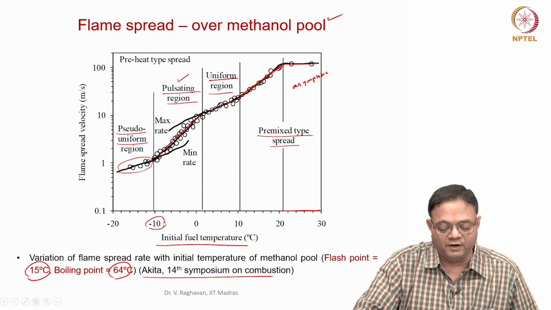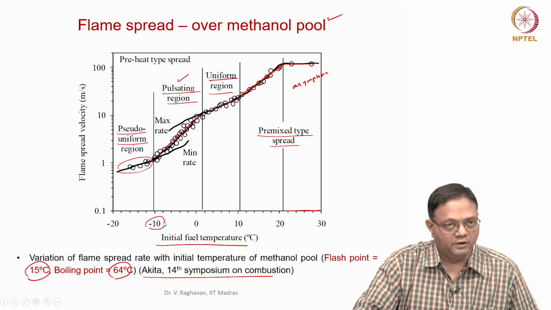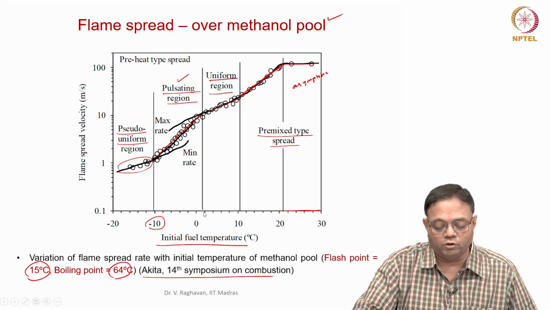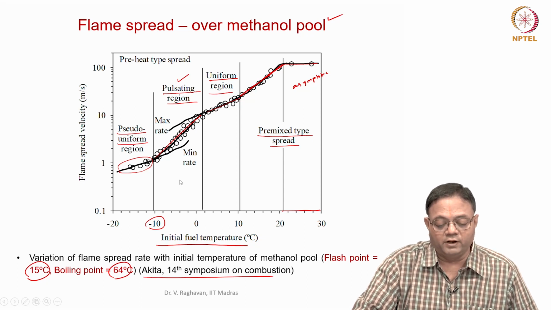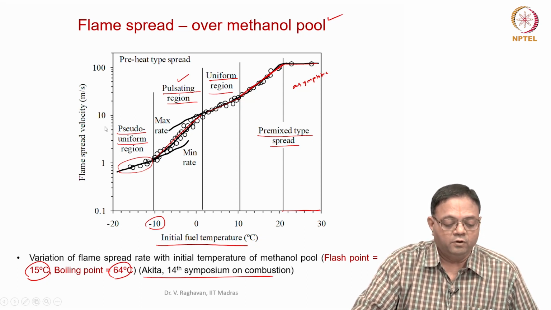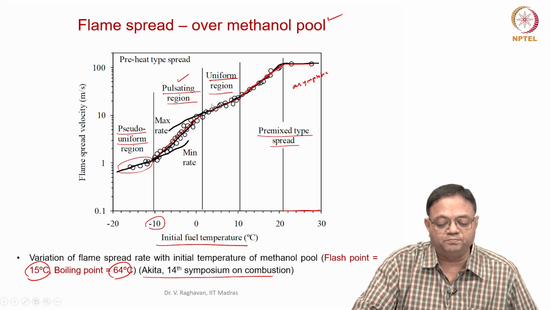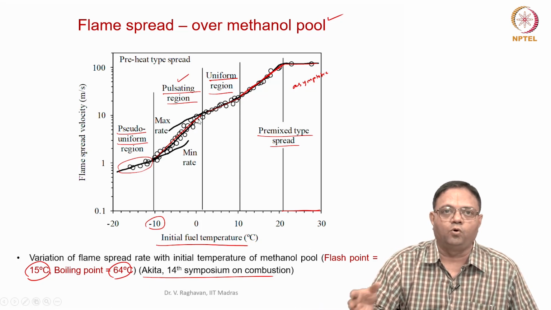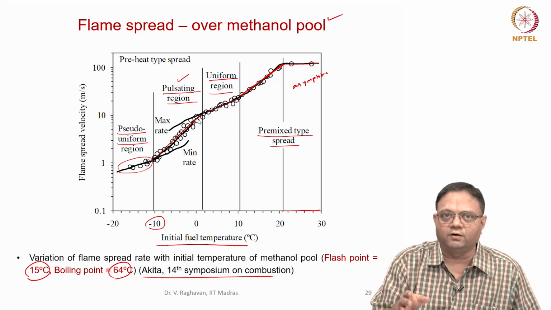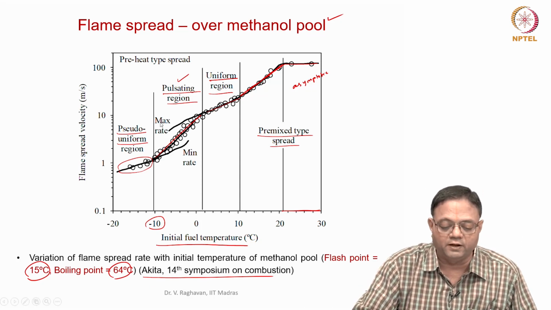When the initial liquid temperature is increased in the range of minus 10 to about 3 or 4 degrees, there is an increase in the flame spread rate, but this is the pulsating region. As we saw in the dodecane case, the flame comes forward, then goes back and comes forward, etc. So, this is the pulsating region.